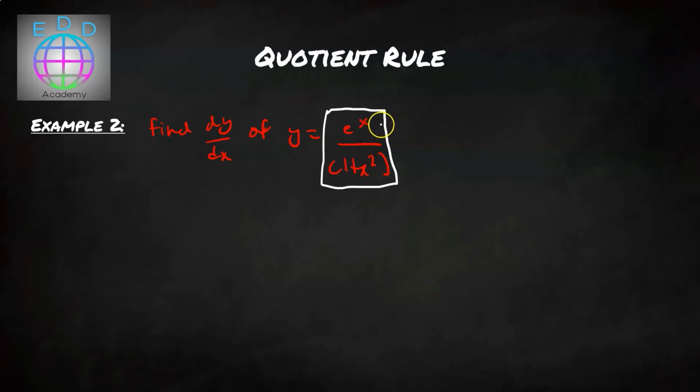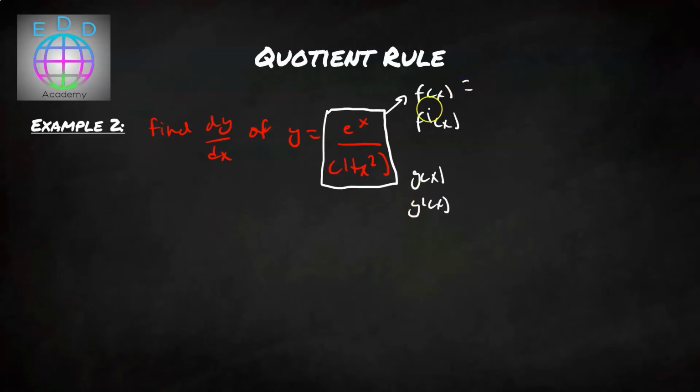I want to show a different approach to solving this problem though, one that I personally use all the time to make quotient rule derivatives a lot easier. Before I actually write out the quotient rule, I like determining what f of x and f prime of x are, as well as g of x and g prime of x, so I can avoid some of those intermediate computations and it's just a straightforward problem.